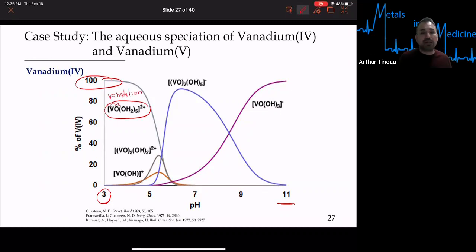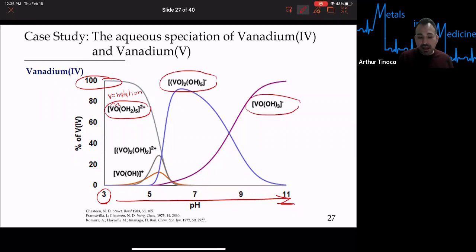And then you have the corresponding 5 aqua ligands coordinated to the vanadium center. So you see you have this species that is cationic. As you start to go up to higher pH values, you see this particular species decrease, and you start to get the formation of anionic species. Also, in addition to being anionic, you start to see species with more than one vanadium nucleus.